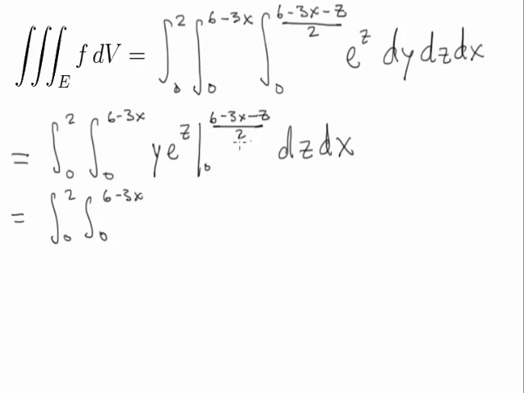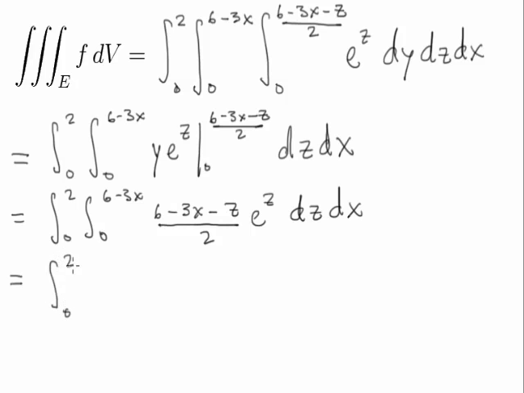We simply get this factor right here: 6 minus 3x minus z over 2 times e to the z dz dx. Now our next iteration is with respect to z, and there are really a couple different integrals here. There's the term with 6 minus 3x, which is constant with respect to z, and then there's a term with a z in it. So we really should handle each one of these separately.